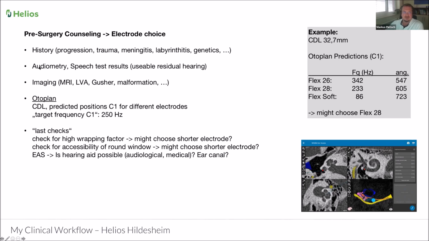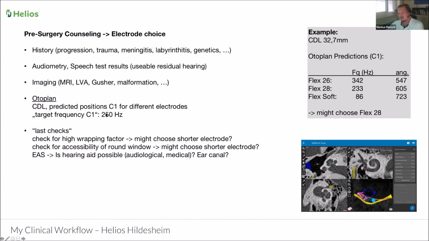Then we look, of course, at the audiometry and speech test results. Is there any usable residual hearing? Then you should look at the imaging. You should also look for malformations. Is there, for example, a large vestibular aqueduct that might be prone to gusher? And of course, then we use AutoPlan.